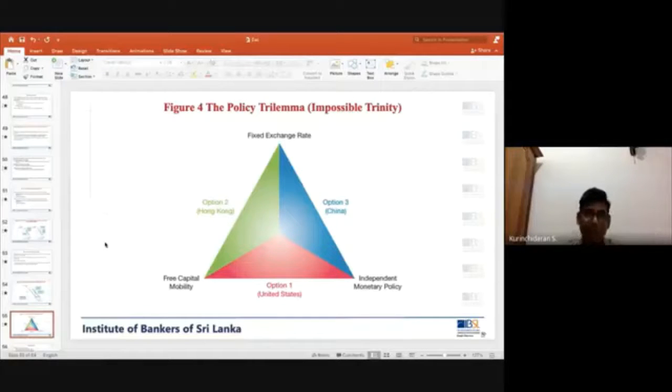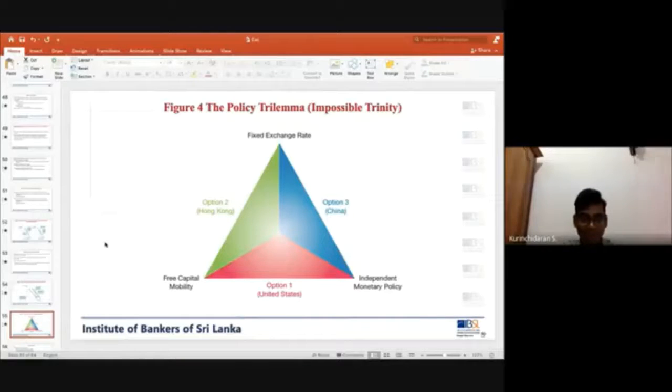Clear? Okay, so this is the problem. Now I have given 3 examples as in the text. Option 1, independent monetary policy and free capital mobility, is followed by the US.